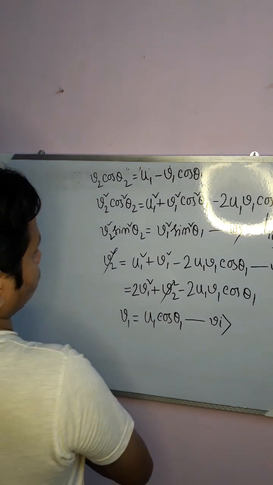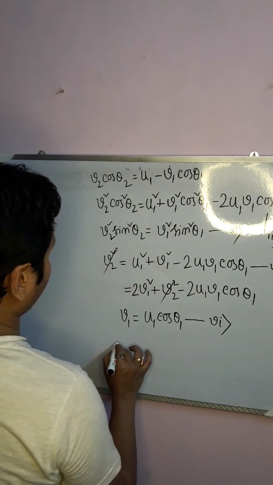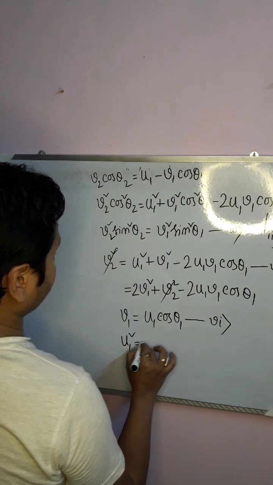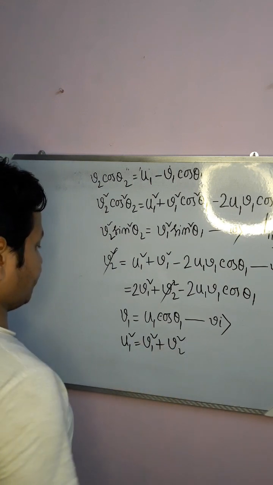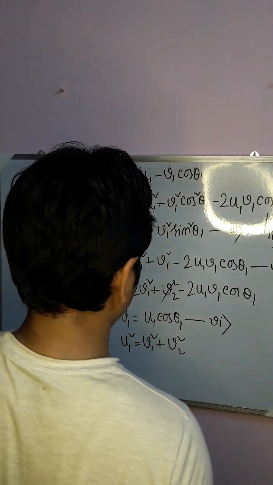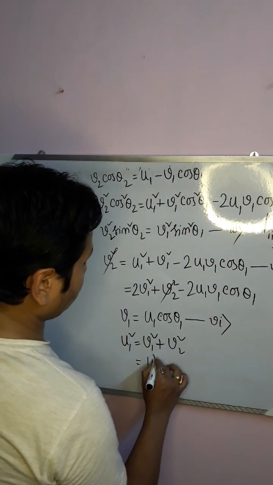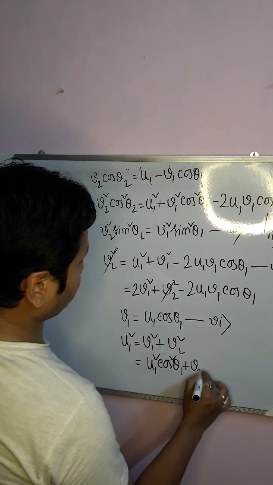Now if we substitute the value, say u1 square equals v1 square plus v2 square, here if we substitute the value of this, that means u1 square cos square theta 1 plus v2 square.